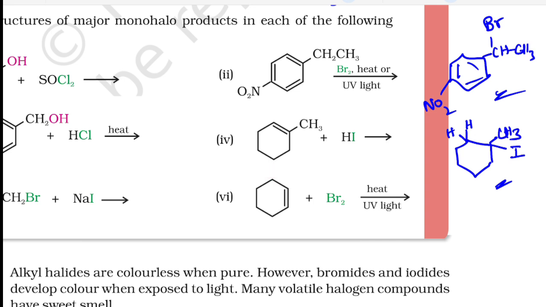It is one and the same. So the product will be: keep the double bond as it is and attach bromine here, because the free radical should be formed here. The free radical which is formed here is more stable. Therefore, attach bromine to this carbon. So this will be the product.